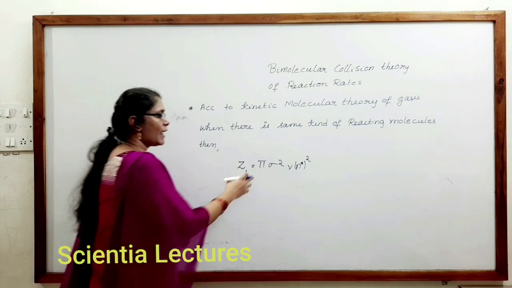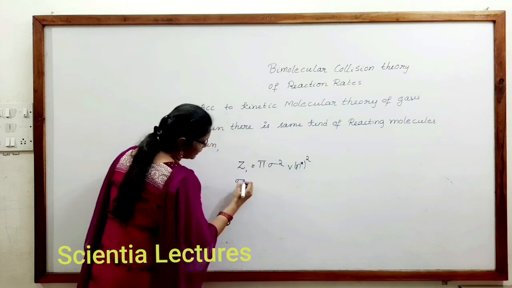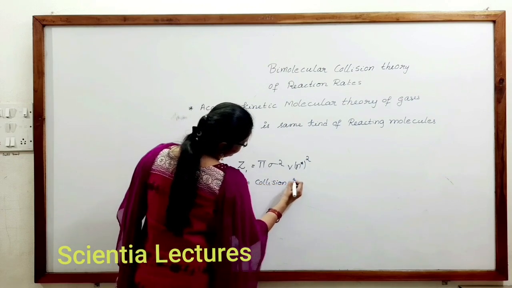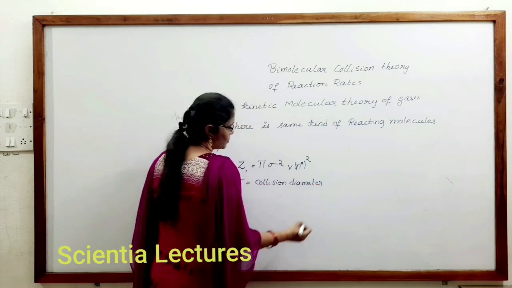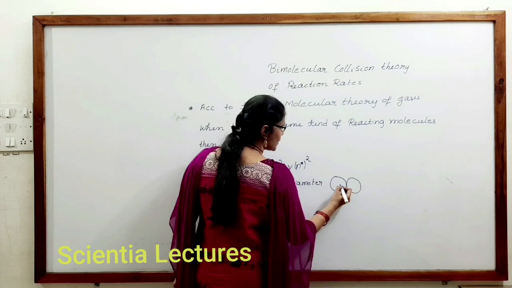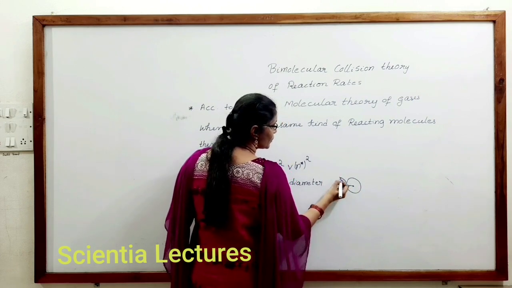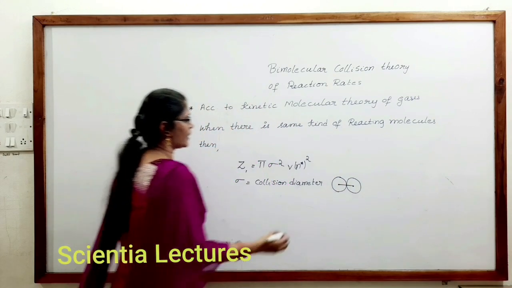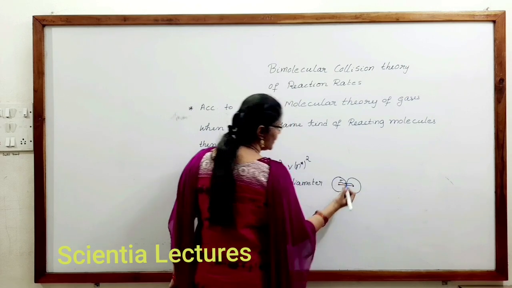Pi value we know is 3.14. Sigma is called the collision diameter. How do we calculate the collision diameter of two reacting molecules? It is measured from the center of the nucleus of one molecule to the other molecule, and this is considered to be the collision diameter. So from here to here it is considered to be sigma.